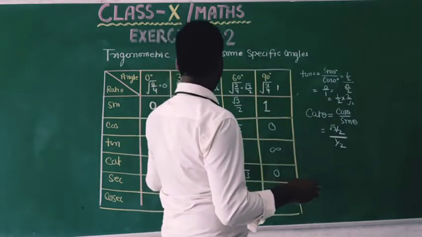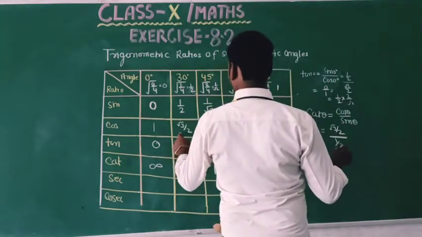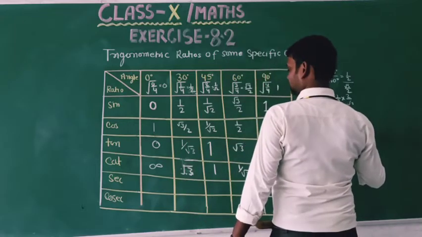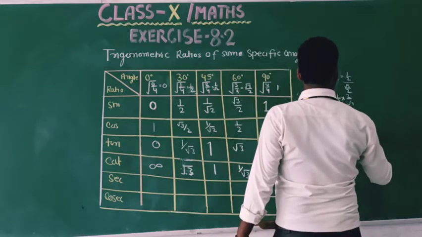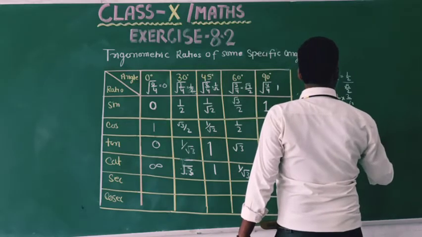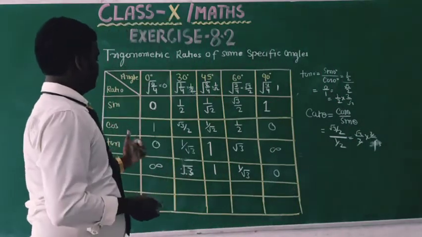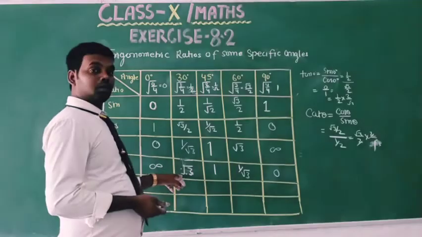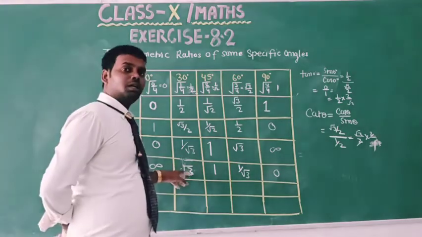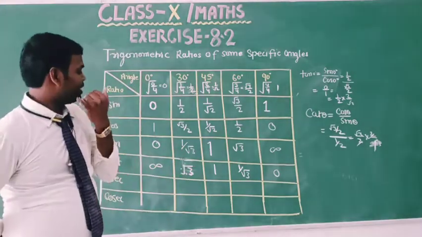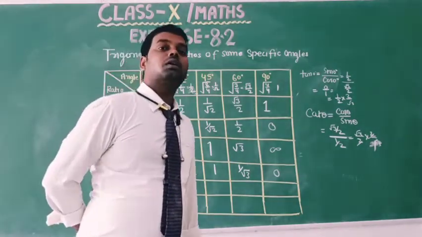Now simplify this. So this will be root 3 by 2 into 2 by 1. After simplification we will get the value of cot theta as square root 3.